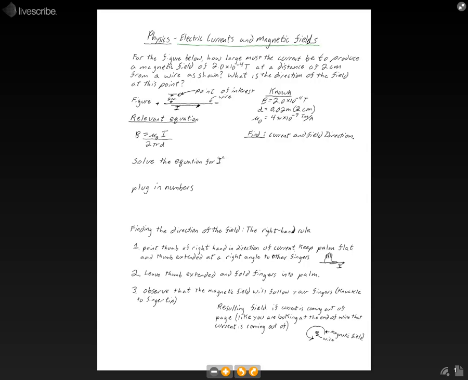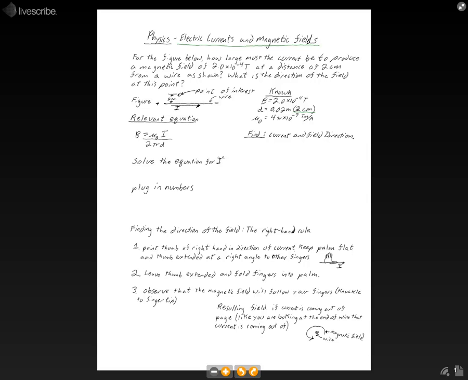So two questions here. First, let's list out our knowns. B is what is known as the magnetic field strength. It's measured in Teslas, and it is 2 times 10 to the negative 4th Teslas. The distance we're dealing with is 0.02 meters, or 2 centimeters.